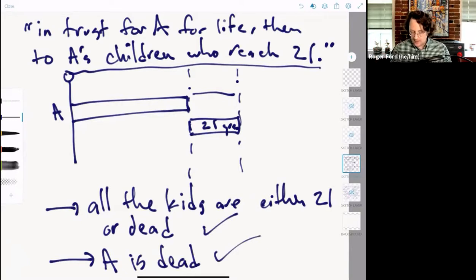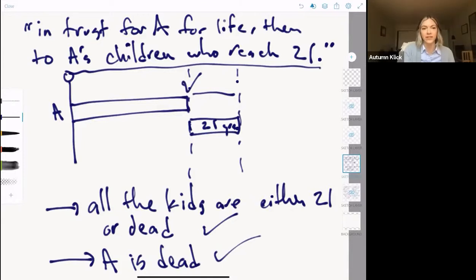Well, will A be dead within 21 years of A's life? Sure, right? We'll know that immediately when A dies. When will we know that either all the kids are 21 or all of them are dead? 21 years after A's life. Yeah. So this would be fine then.